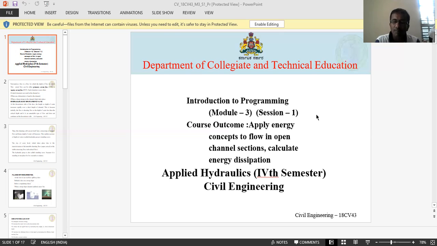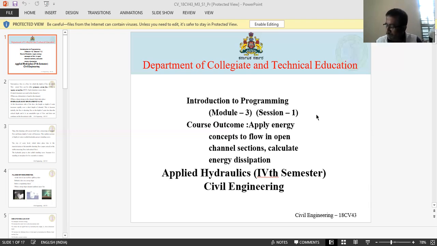Other than at minimum specific energy, you get two depths of flow, called conjugate depths, y1 and y2. At minimum specific energy, the depth of flow is called y minimum or y critical, the specific energy is termed critical specific energy Ec, and the corresponding depth is yc, the critical depth of flow.